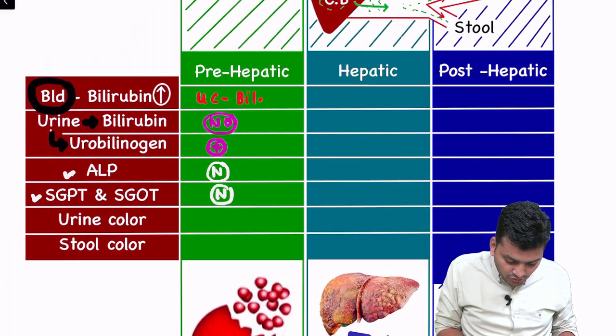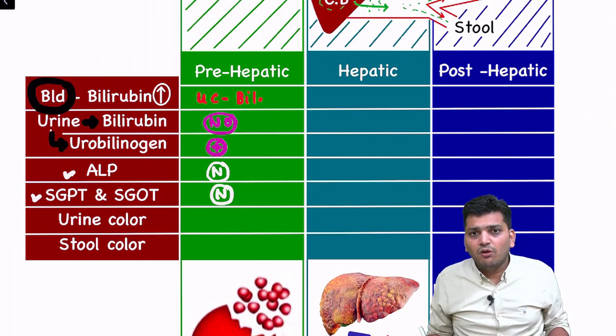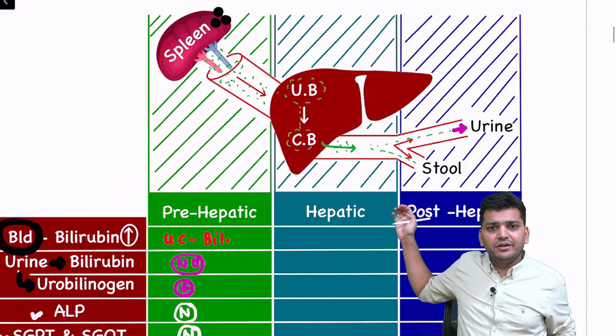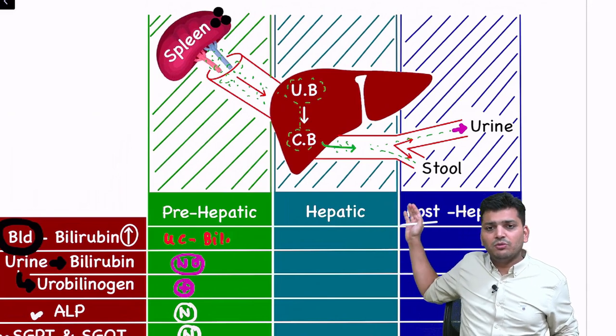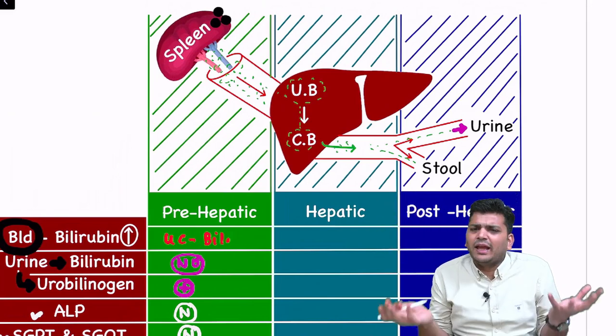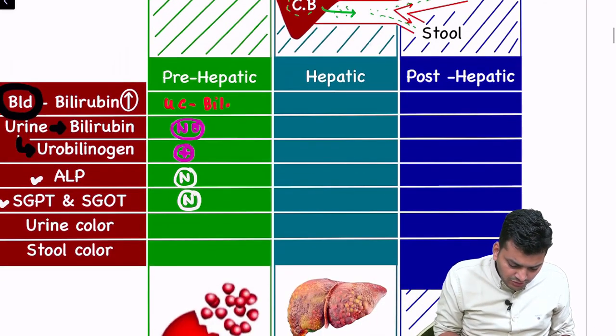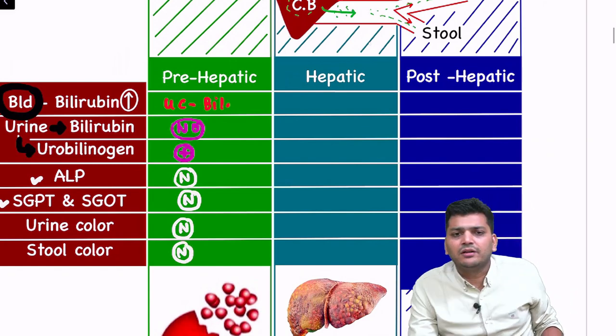SGOT, SGPT, normal. Because there is no problem in the conversion of unconjugated to conjugated, and no problem in forming stercobilin and urobilin, they will be formed as normal and come in the urine as normal. So the color of the urine will be normal. There is no problem with the color.